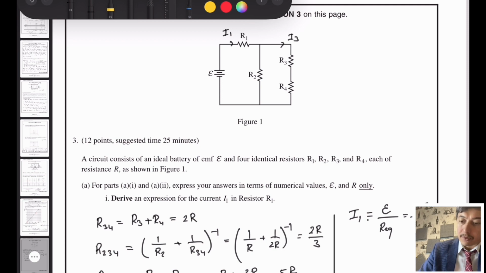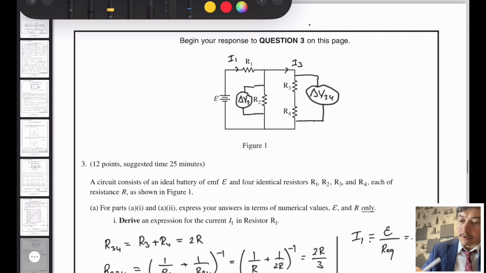Let's say the potential across R2 is dV2, and potential across resistors R3 and 4 is dV3,4. And of course, potential across R is going to be dV1.